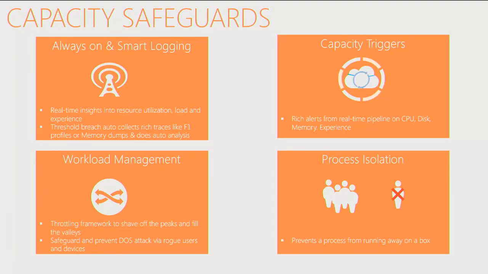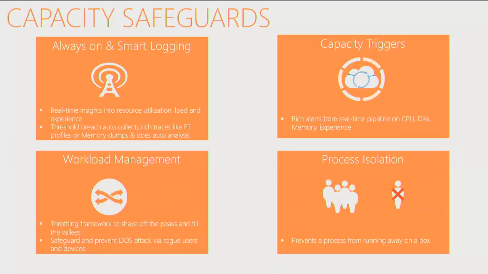This is the key for us to be able to maintain our capacity rhythm. And we have threshold breaches. Threshold breaches are not just, hey, we exceeded a threshold, but it's all about automated workflows to understand what happened and why it happened, where in the code did we regress, or did something happen in the network or data center layer.